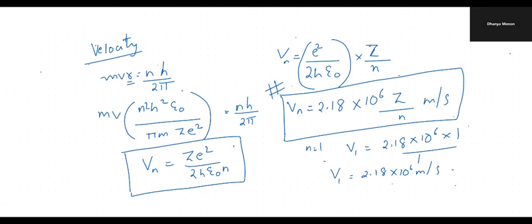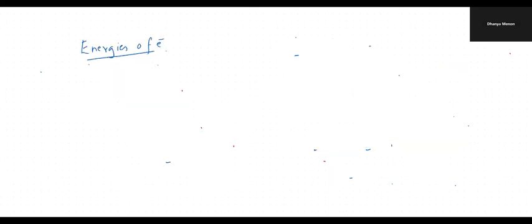Okay, students. The next term that we would calculate is the energies of electrons. Electrons, you know, are in constant motion around the nucleus. Because it is moving, it has kinetic energy due to motion.